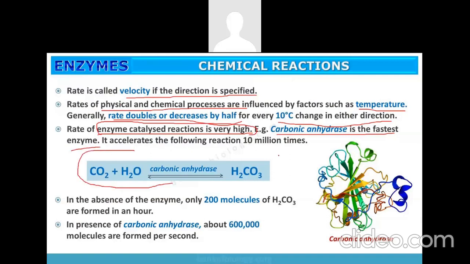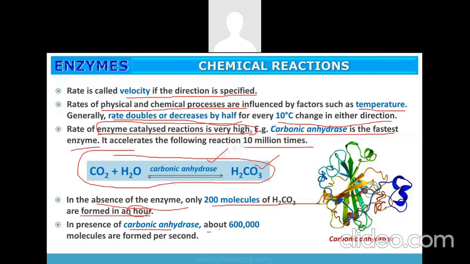The rate of enzyme catalyzed reactions is very high. Carbonic anhydrase is the fastest enzyme. If you use an enzyme to catalyze a reaction, the rate becomes much higher. If this is the basic reaction, carbon dioxide plus water gives carbonic acid, H2CO3.